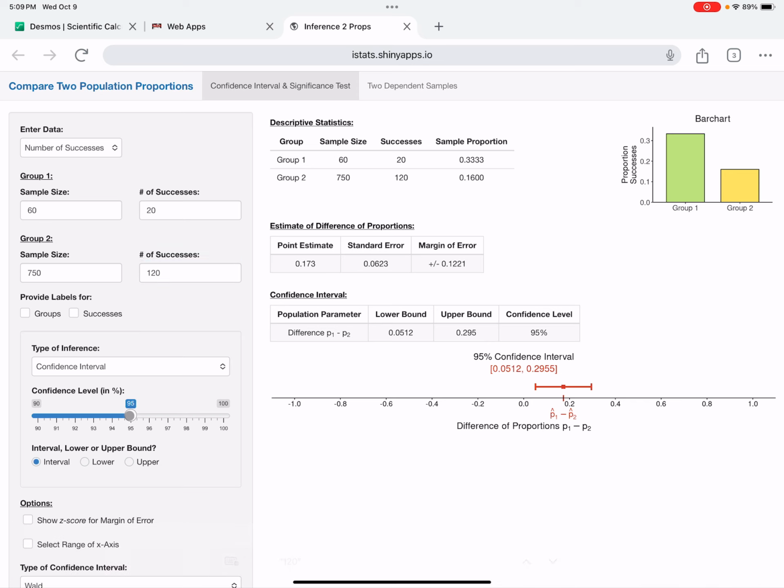So I'm going to slide this over to 99%. And there we go. So the confidence interval for the difference, if we rounded to 3 decimal places, is between 0.013 and 0.334. Okay, so 0.013 and 0.334.